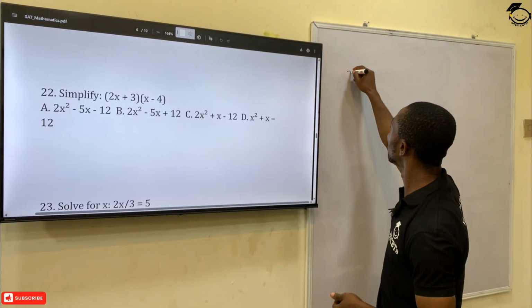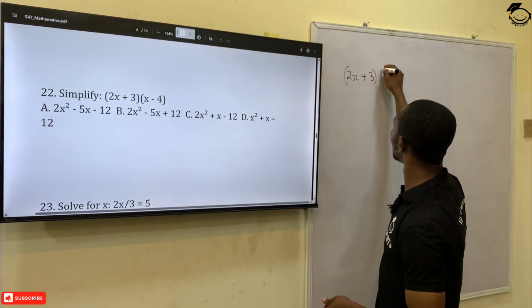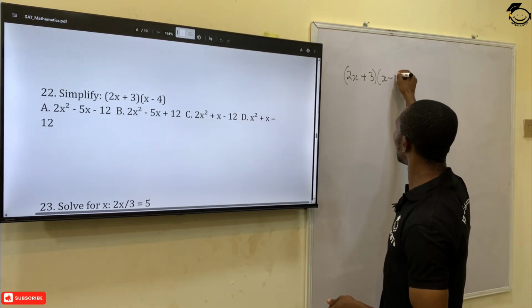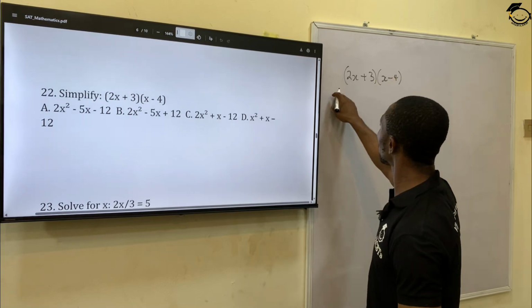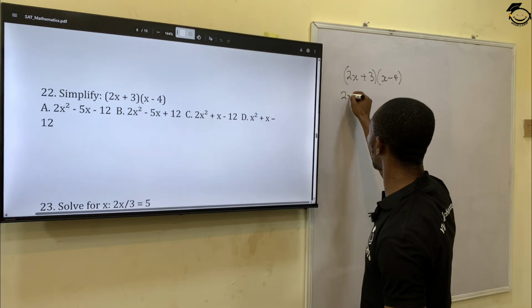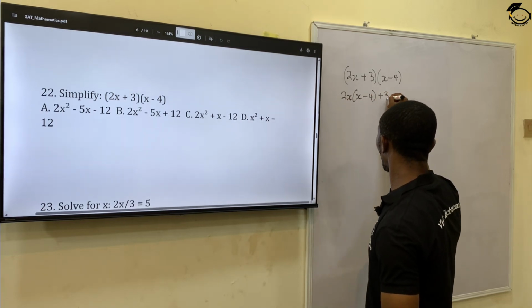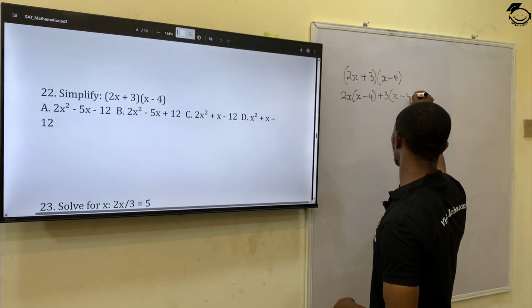Simplify (2x plus 3)(x minus 4). Now, for us to simplify this, we are going to multiply this bracket with this. This gives us 2x times (x minus 4) plus 3 times (x minus 4).